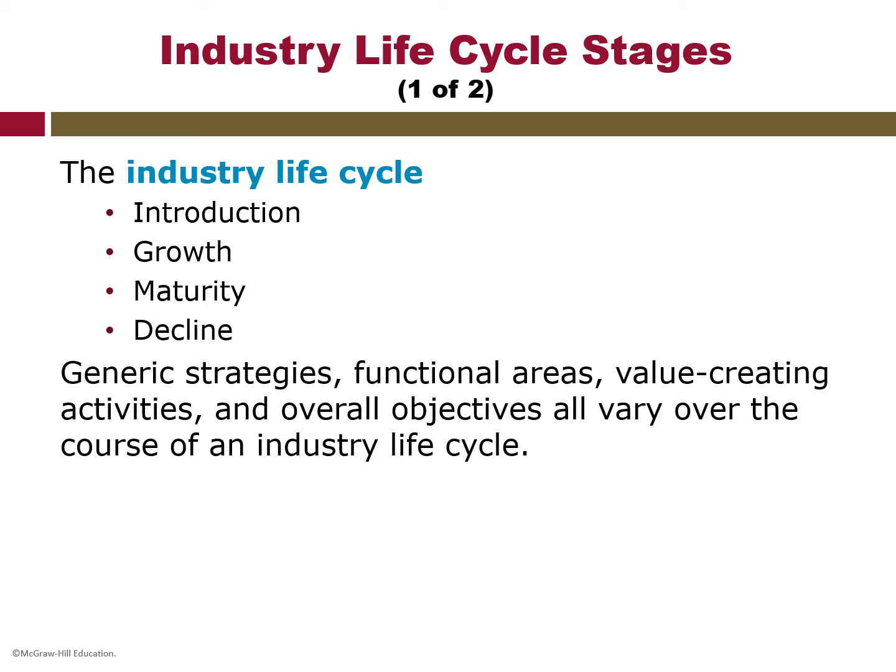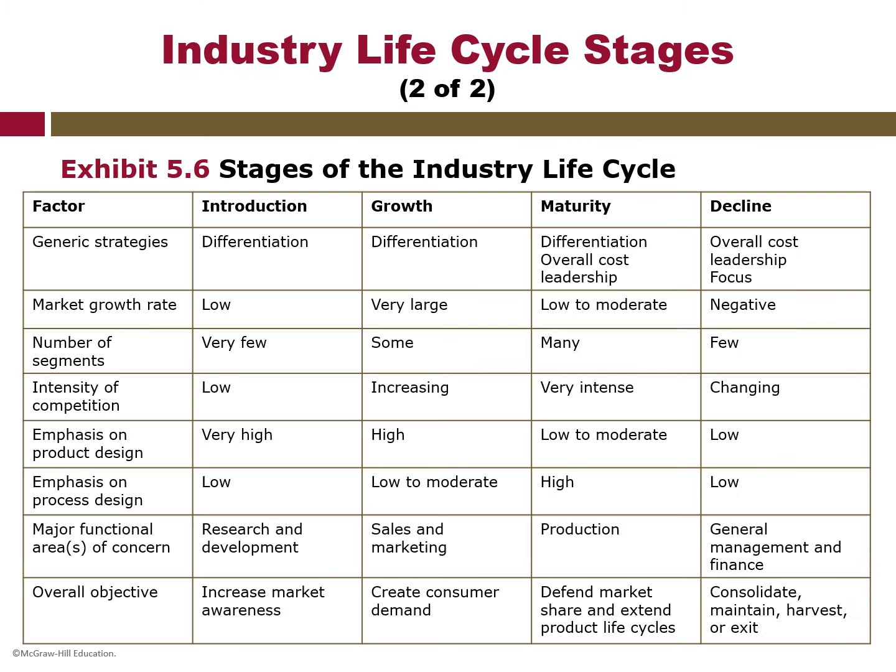This helps to protect the firm's market position and to extend the product life cycle, because the firm's lower cost can be passed on to consumers in the form of lower prices, and price sensitive customers will find the product more appealing. Exhibit 5.6 illustrates the four stages of the industry life cycle and how factors such as generic strategies, market growth rates, intensity of competition, and overall objective change over time.